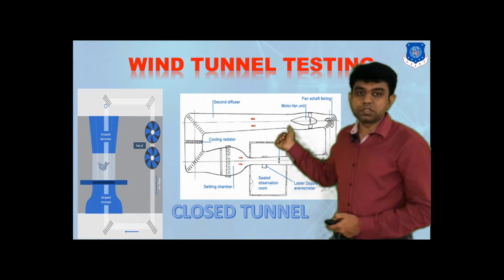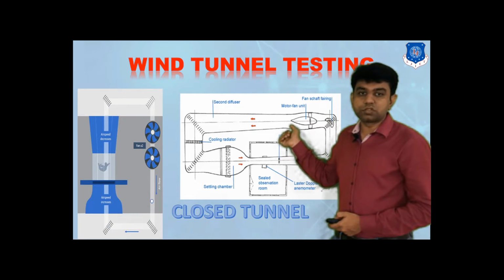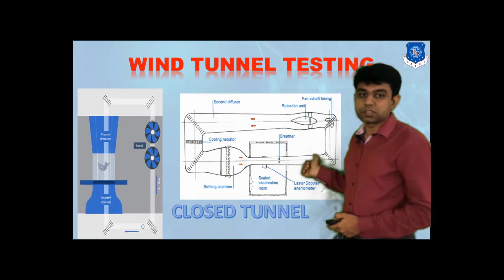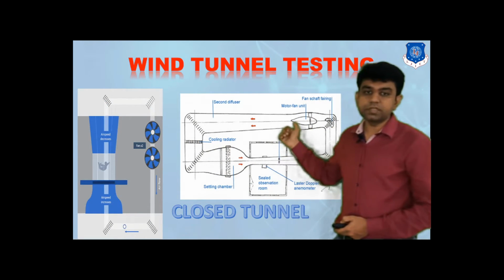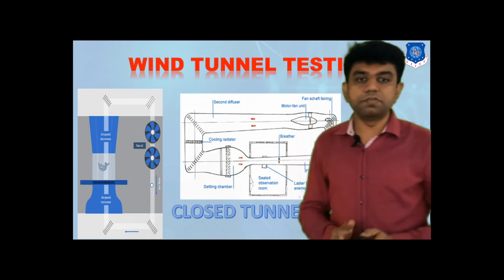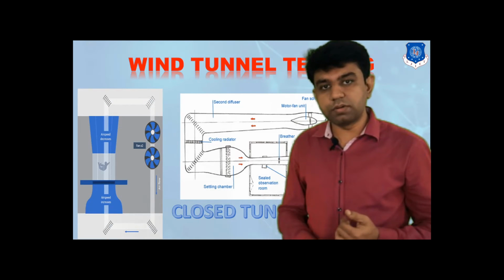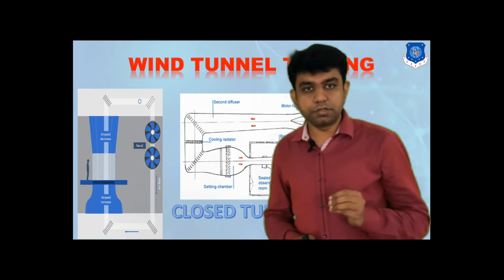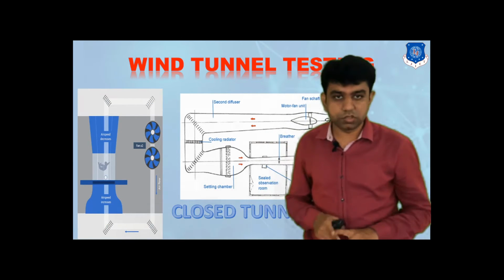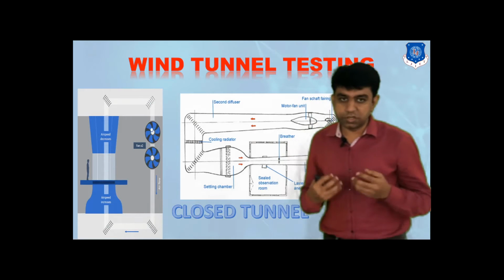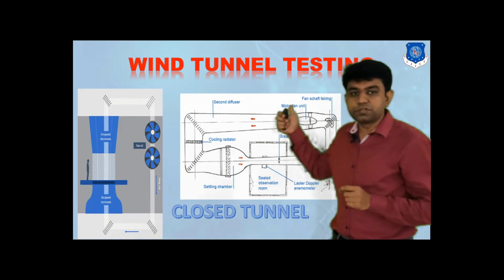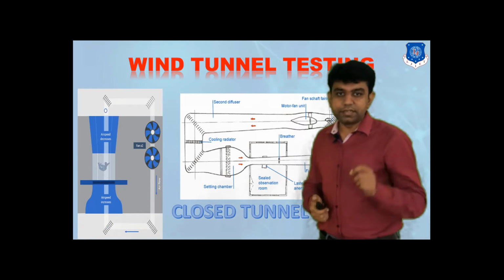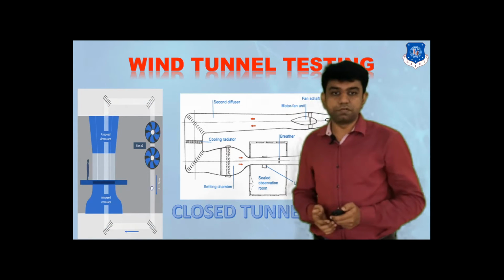In this, we have a fan which will circulate the flow of air inside the test section region, but the same air is repeated again and again. In the test section, in which our automobile has been kept, we check what lift force is acting and what drag force is generated for the particular value of air flow. So that reading can be easily achieved with this kind of wind tunnel test.